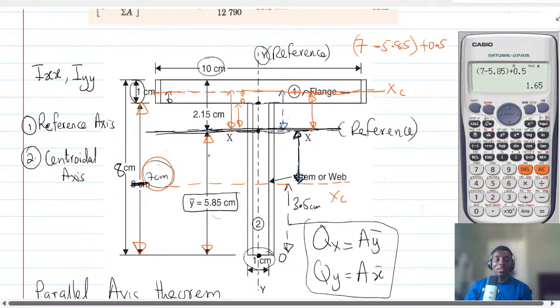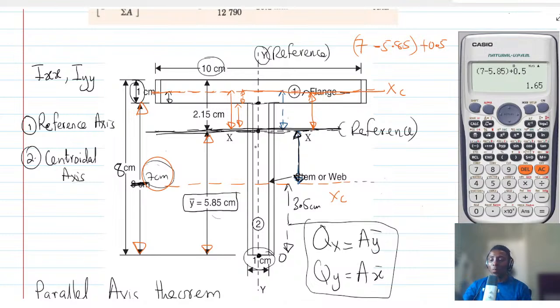So from here to here is 5.85, and then all the way from the origin to where the centroidal x-axis is 3.5. So who can tell us the parallel axis theorem distance for the second area?